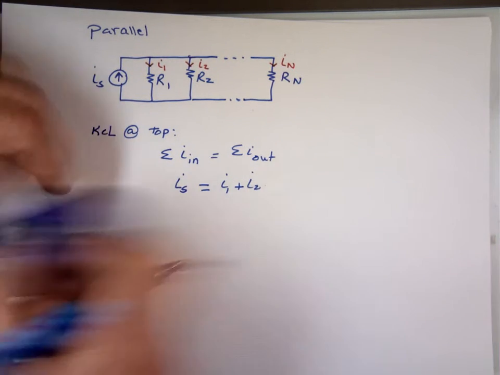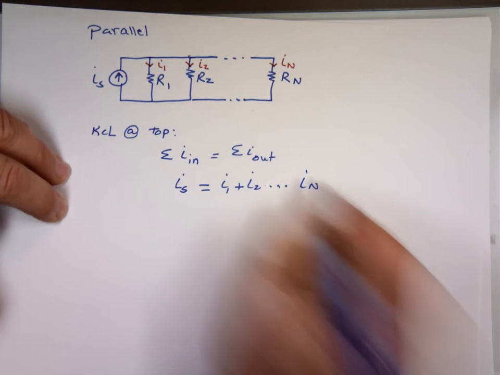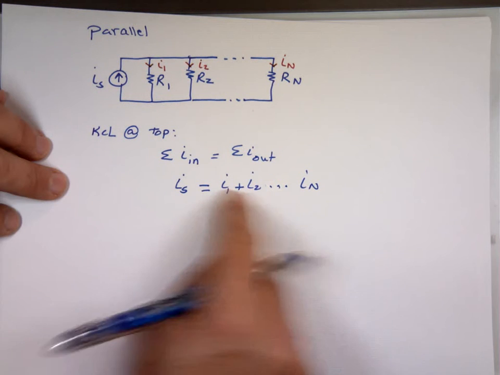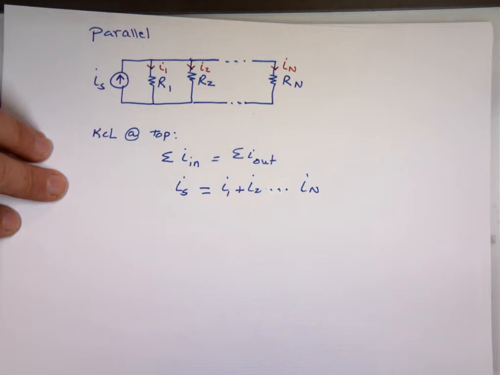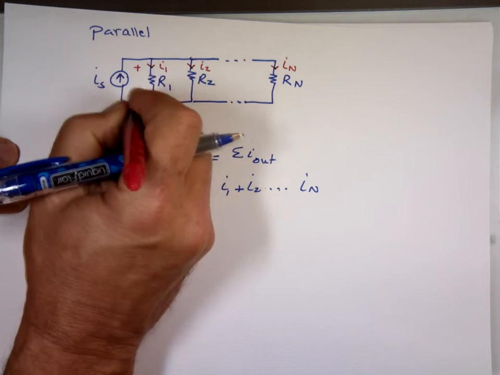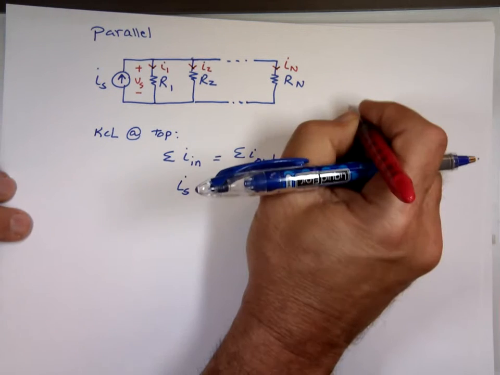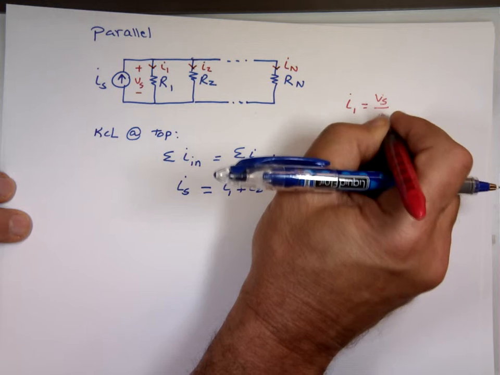So here we go. Well, we have too many unknowns here. One equation with n unknowns, we can't solve it. So I need to rewrite each one of them maybe in terms of the voltage. Let's call this voltage here Vs, the voltage across the source. So I sub 1 is going to be Vs divided by what? R1.